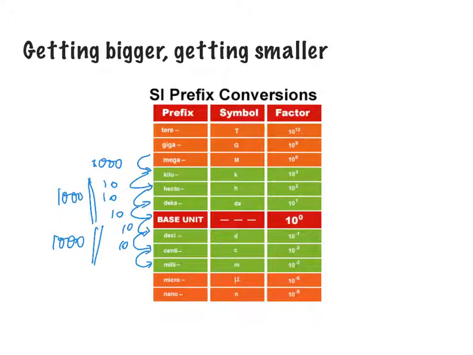If we go to very, very small, about the size of bacteria and cells, we go into 1,000 times smaller again. So going from a unit like a metre to a micrometre, we do 1,000 and again another 1,000. That means 1,000 times 1,000, or 1,000,000 times smaller.